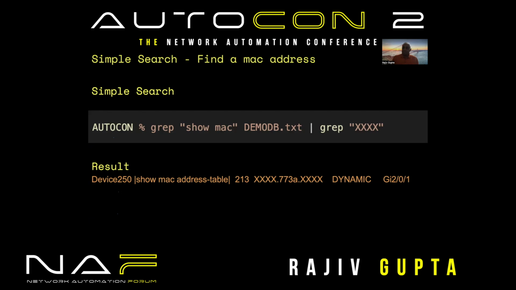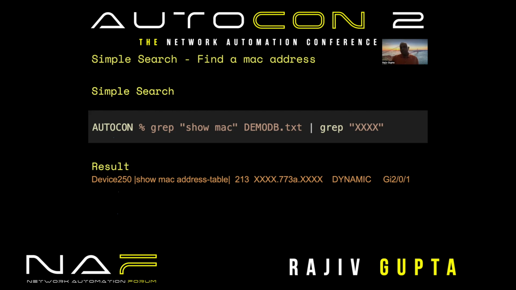In this case, just to be anonymized, I just call the MAC address XXXX. So that will immediately find every single instance of that MAC address, and it's going to tell you where the device is, the name of the device, and what command you issued.